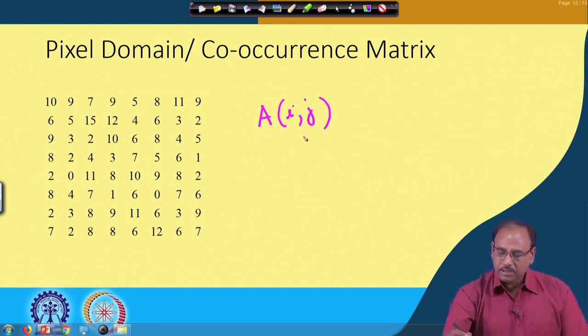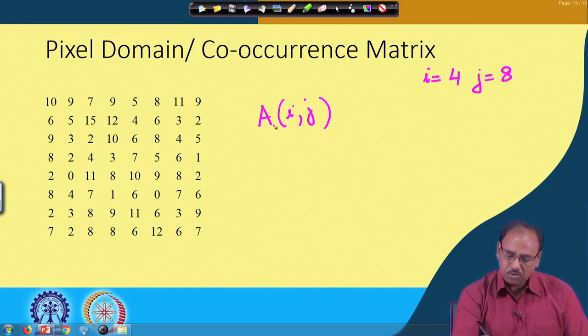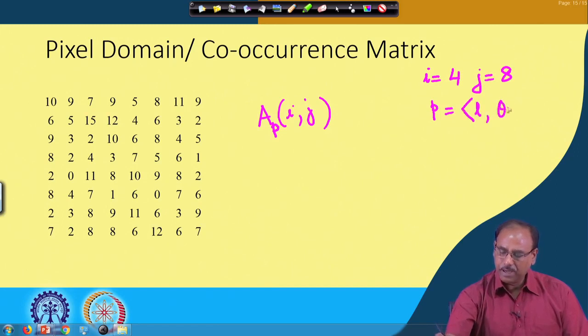As I said earlier, I assume the value of i to be 4 and the value of j to be 8, and this follows a positional constant p, where p is given by the L theta pair having L equal to 1 and theta equal to 45 degrees.